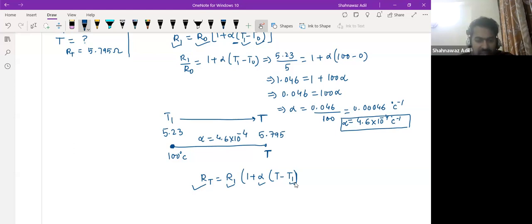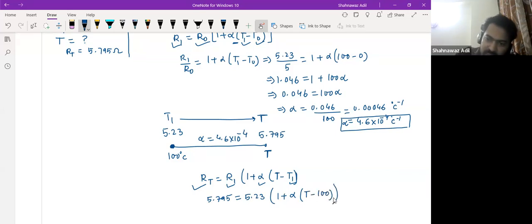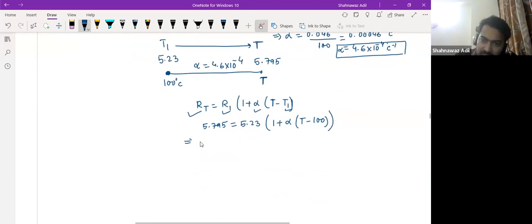What we can calculate? The unknown temperature. So RT is 5.795. R1 is 5.23. 1 plus alpha times (T minus 100).